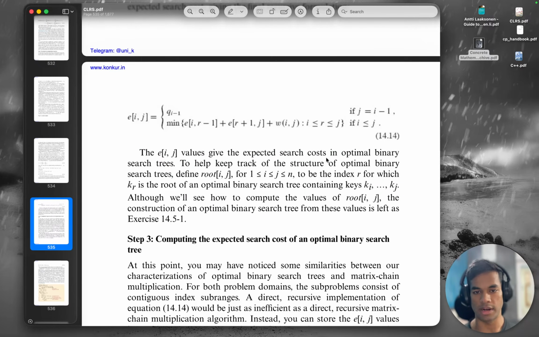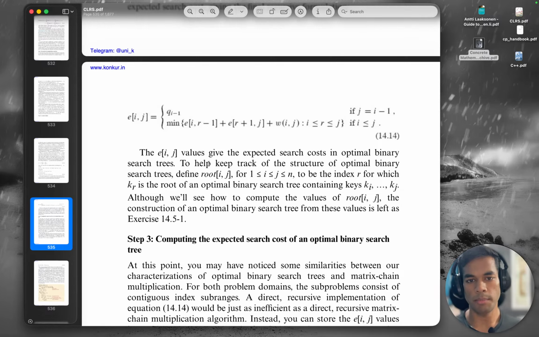To help keep track of the structure of the optimal binary search tree, define root[i, j] to be the index r for which k_r is the root of an optimal subtree.